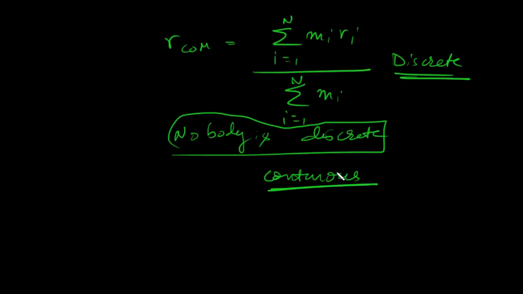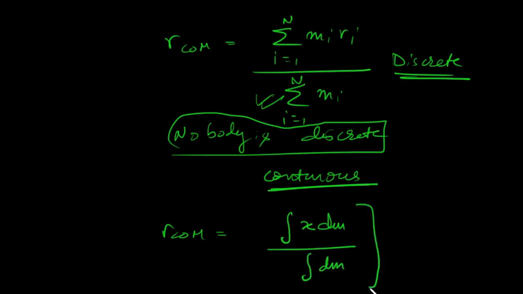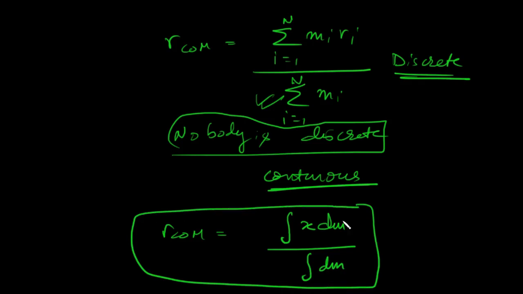So if real masses are continuous, we cannot take this expression. So we have to take it in terms of calculus. So RCOM here becomes integration of x dm divided by integration of dm. This is the standard definition of center of mass. x is the distance of any point from the axis.